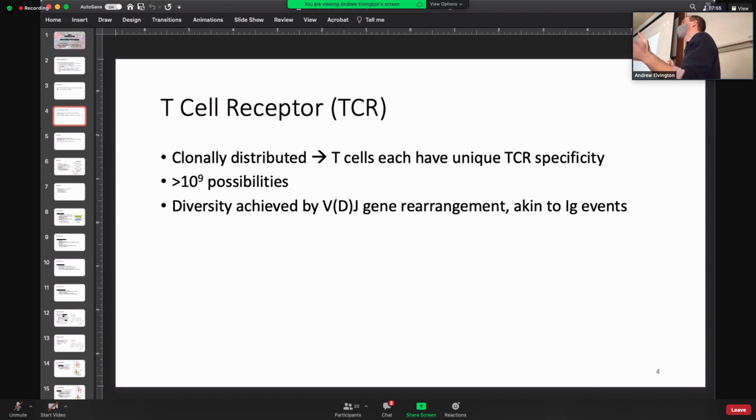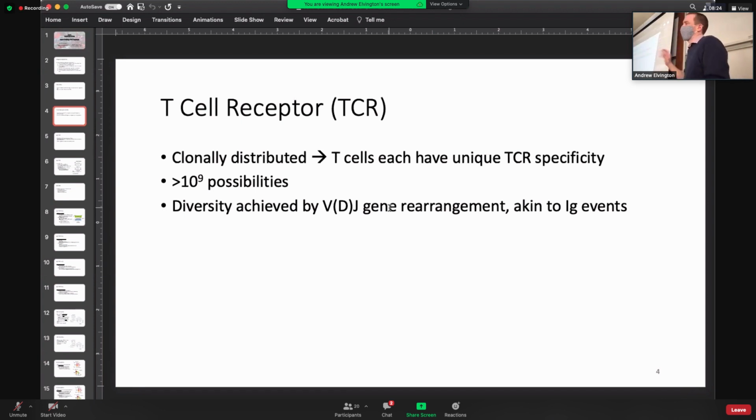But among all of our T cells, each one is going to see a different antigen, so we say that they are clonally distributed, right? Among all of your T cells, they're all going to see different ones until a T cell gets activated. And then it will undergo that clonal selection hypothesis, where that one T cell will replicate and keep generating more and more T cells that have the identical receptor specificity.